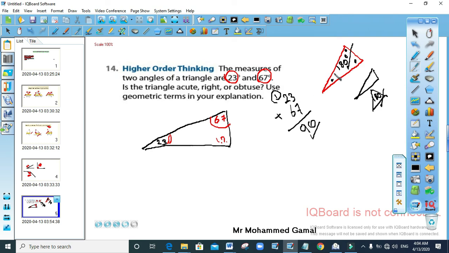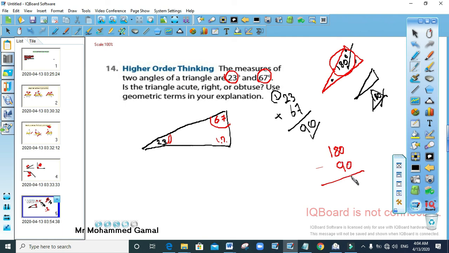To find the third angle, I subtract from 180, because any triangle's three interior angles should be 180. So 180 minus 90 is 90. So the third angle should be 90. Since we have two acute angles and one right angle, what kind of triangle is this? It's a right triangle.